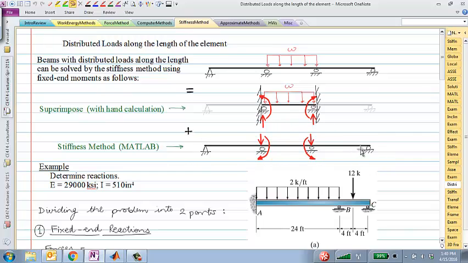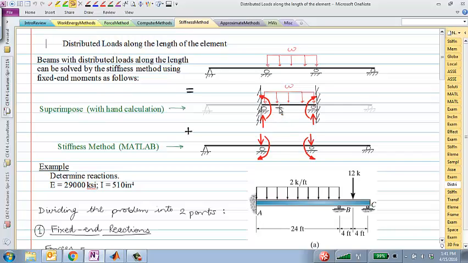Then we take the MATLAB output and add our hand calculation to it. As you can verify, if I add these two up, all of these fixed end moments and internal reactions will cancel off. Since the other parts of this structure are inactive, whatever response we get here would be the response of the original system. So that's the logic for dealing with problems that have distributed loads.